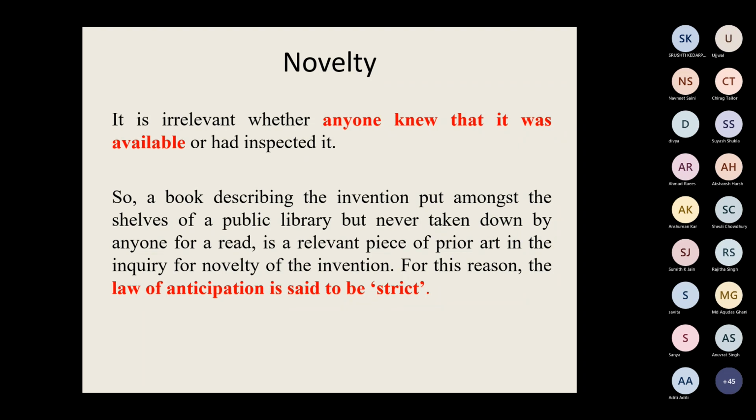So when we are assessing novelty and we have identified A and B, first we will consider A and we'll see if in view of A, our invention is novel.